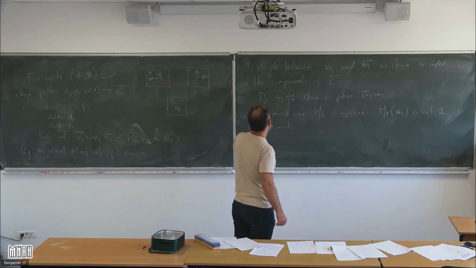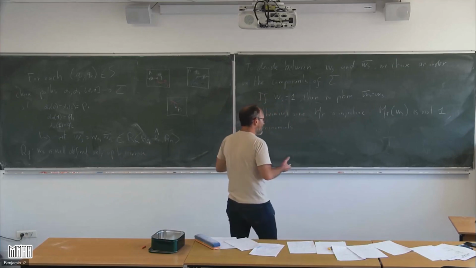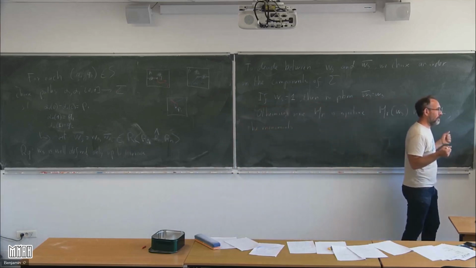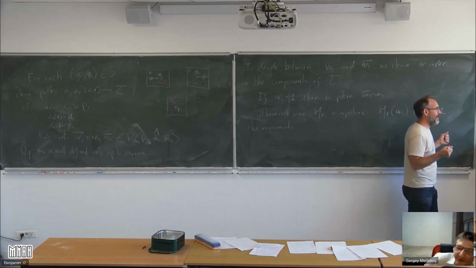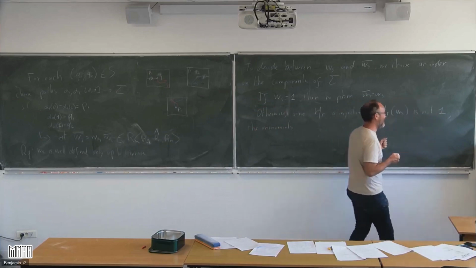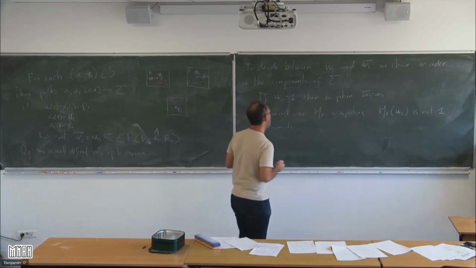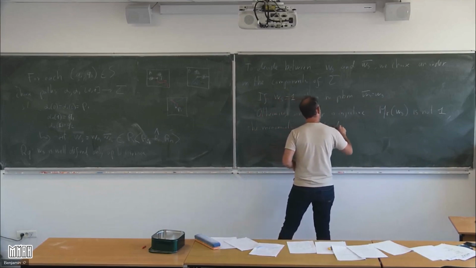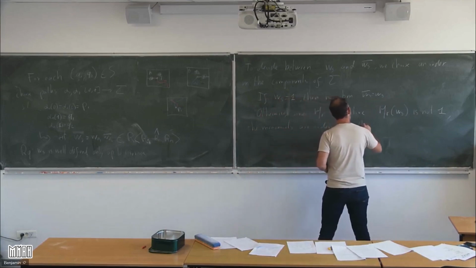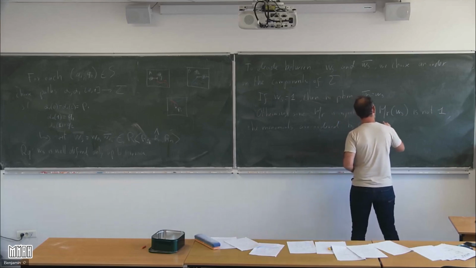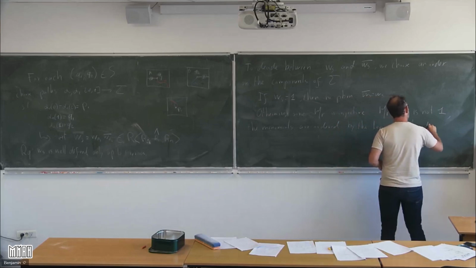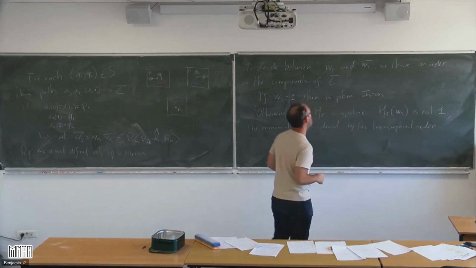So if you have an order of the variables, then you have the lexicographic order on the monomials.